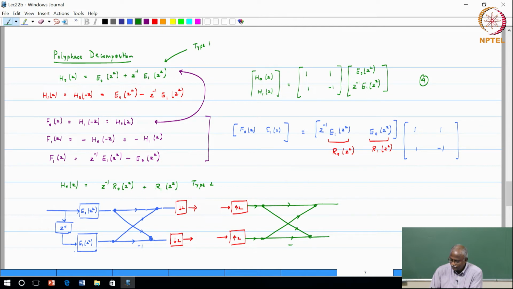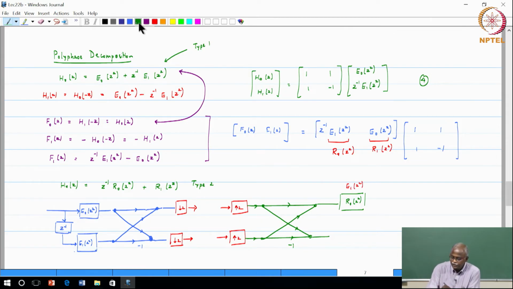the lower branch having a multiplication factor of -1, upper branch is R0 of Z squared. Keep in mind this is the same as E1 of Z squared.